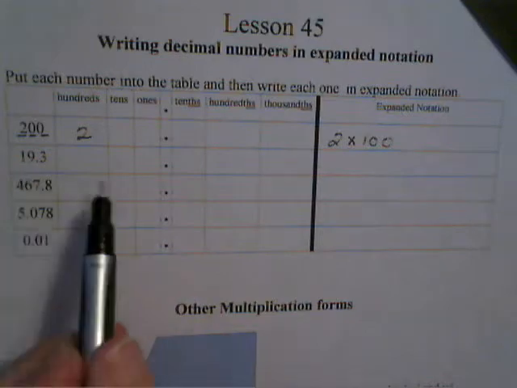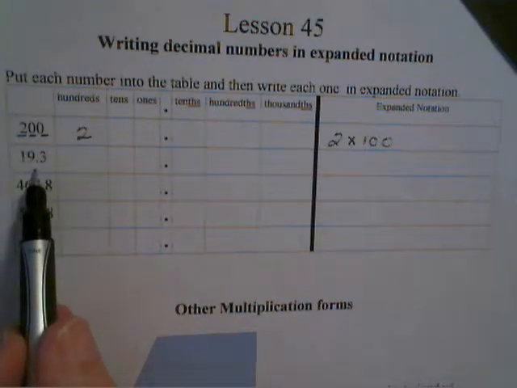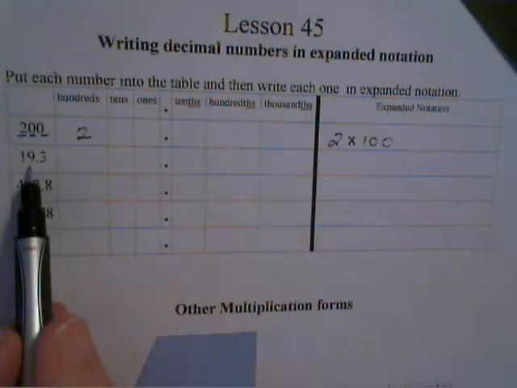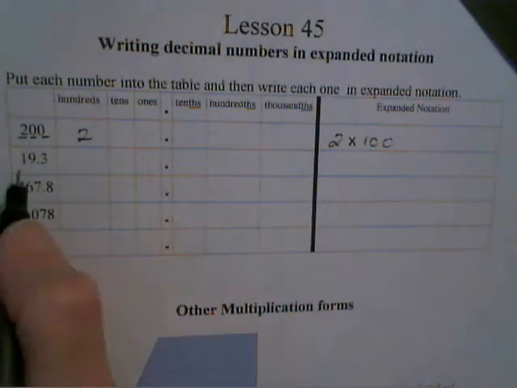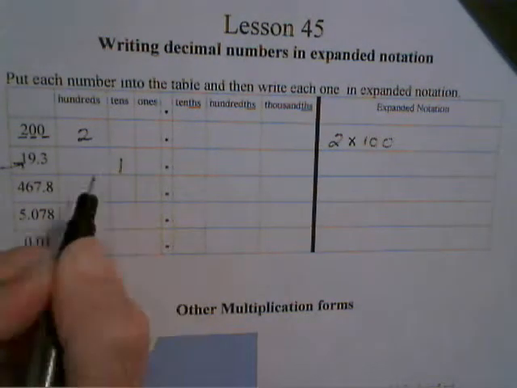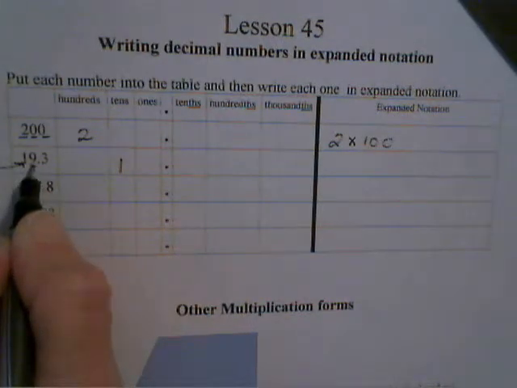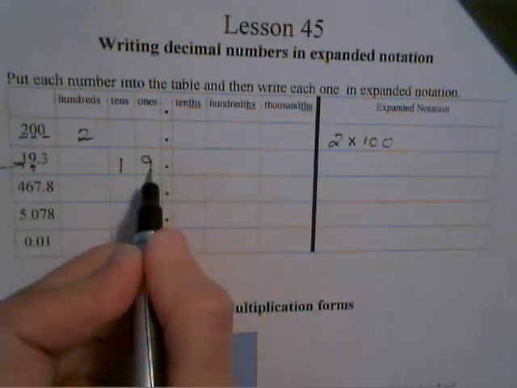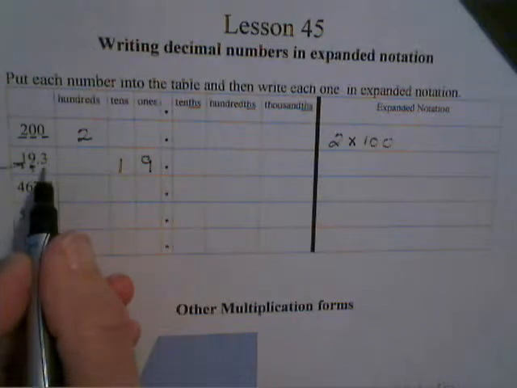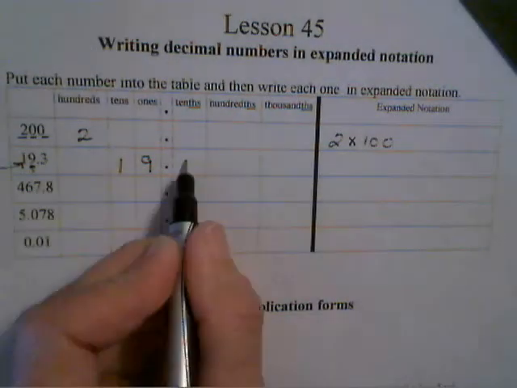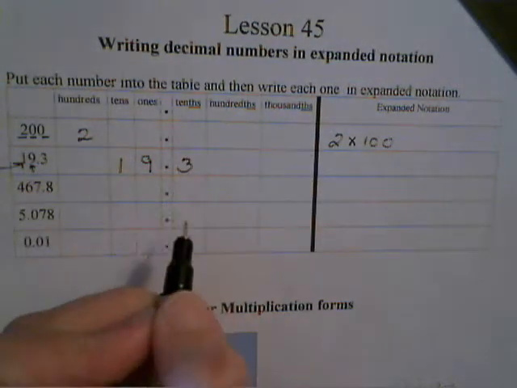So let's do 19.3, or 19 and 3/10. For this number, I have something in my tens place right here. I have a 1 in my tens place. I have a 9 in that ones place. And then over here in the tenths place, I have a 3.